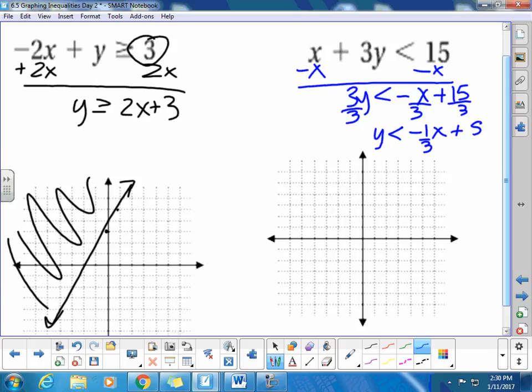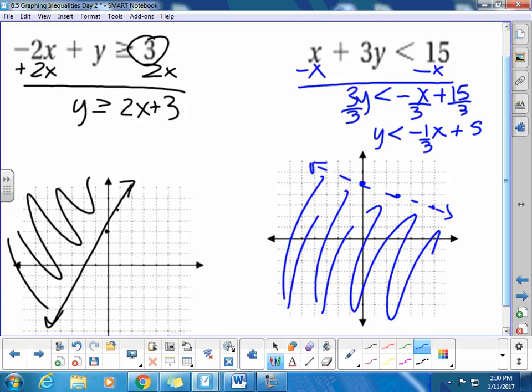So start up at 5: 1, 2, 3, 4, 5. Then down 1, right 1, 2, 3. Down 1, right 1, 2, 3. It's just less than, so it's a dotted line because it's not or equal to. Arrows on the ends. And y is everything less than that, so less than is under the line.